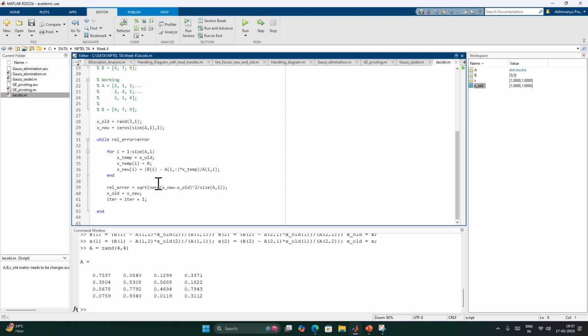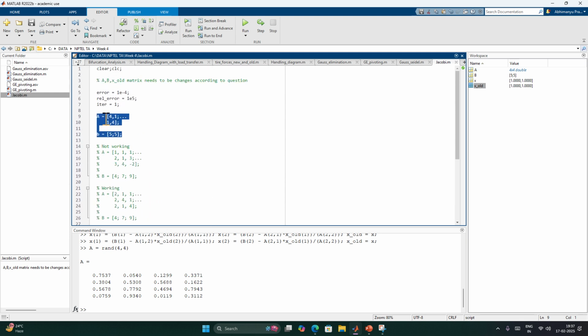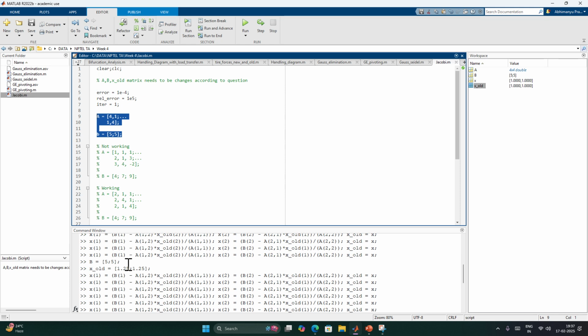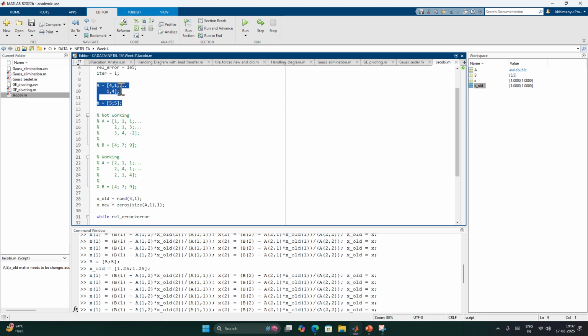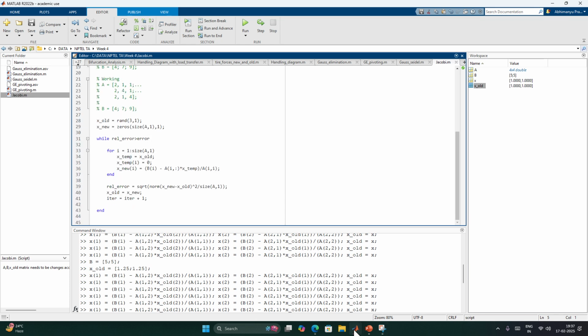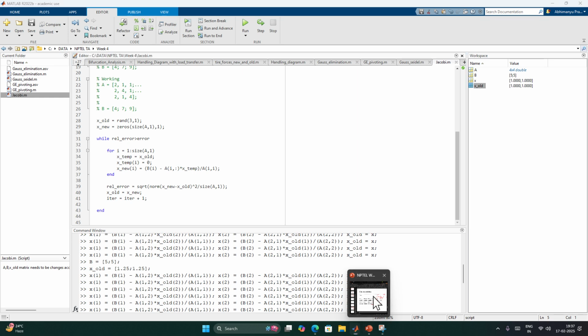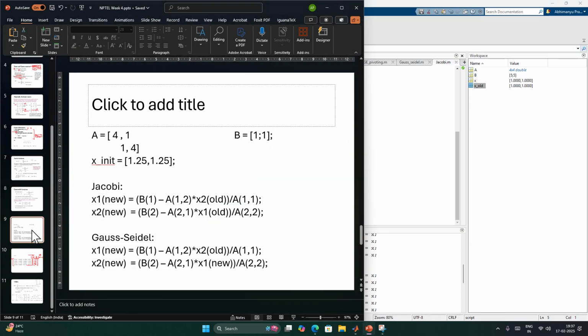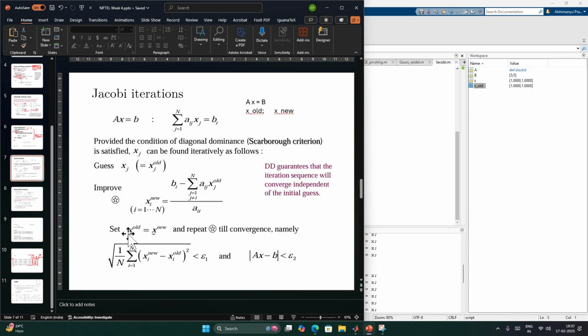I am currently using this example problem only. I am giving some tolerance values. So here we have this stopping criteria, right?